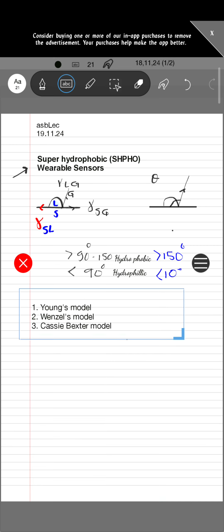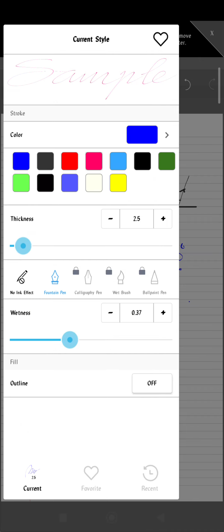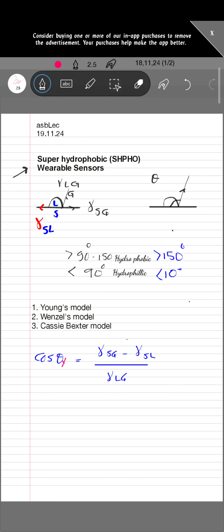Okay. Now Young's model simply says that the cos of the contact angle is equal to the surface tension at the solid-gas interface minus the surface tension at the solid-liquid interface, divided by the liquid-gas interface. We denote this contact angle by theta Y, due to Young's model.